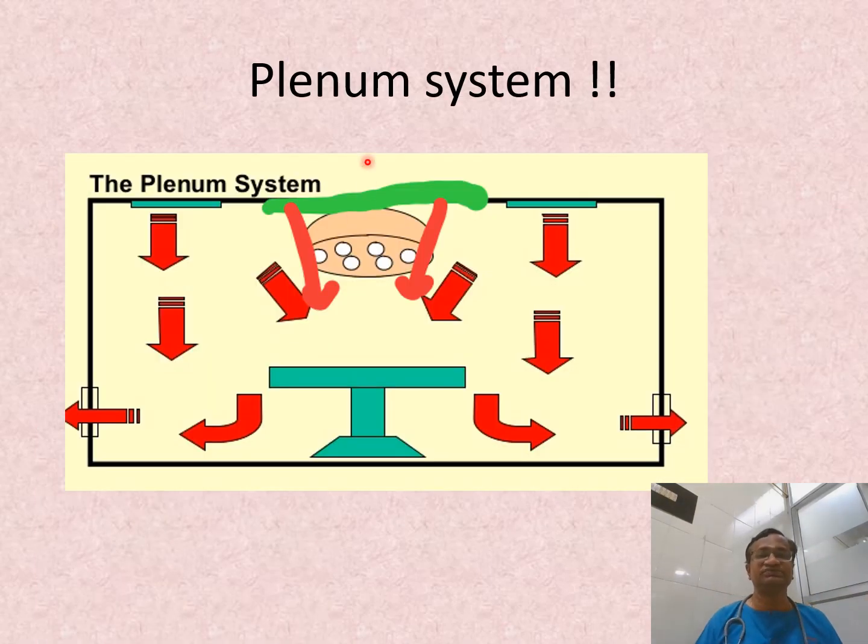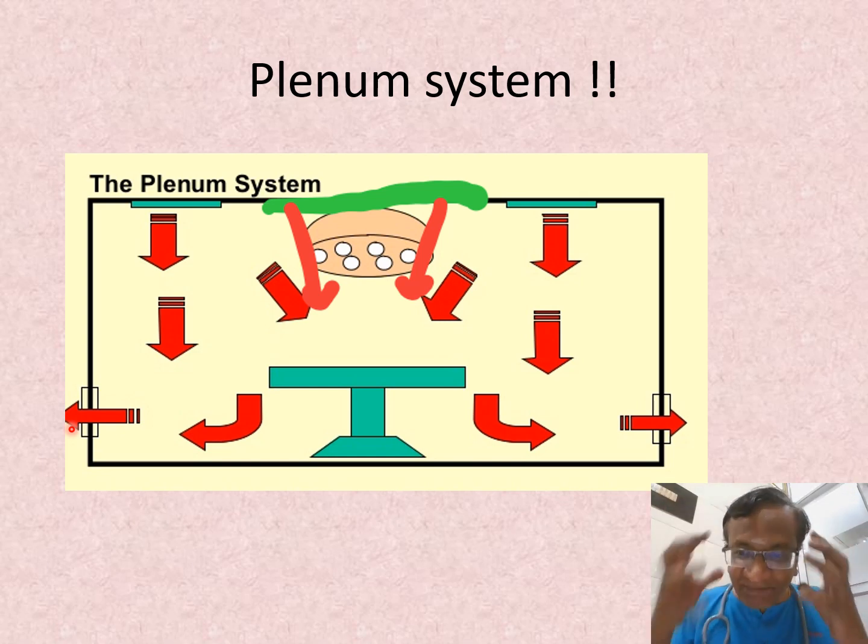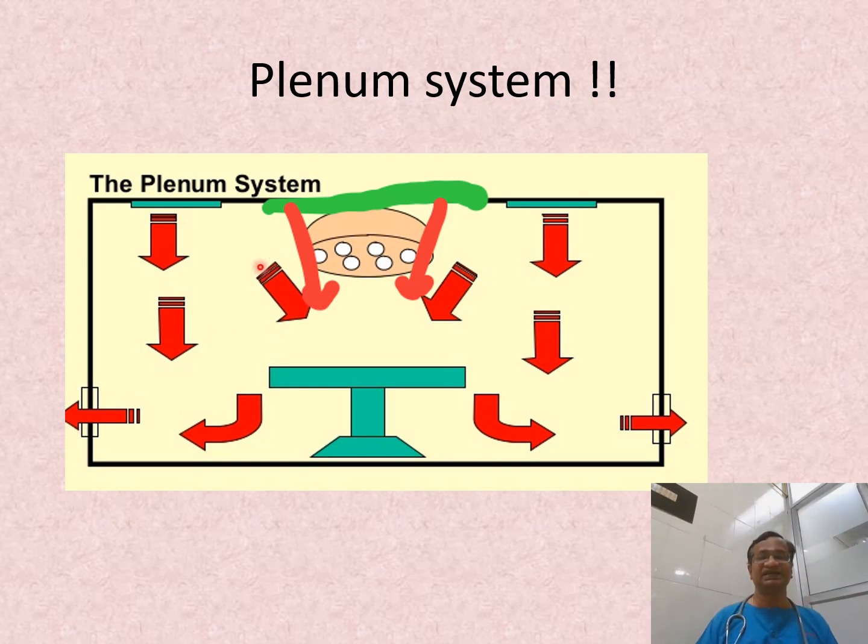This is how air from the HEPA system flows here, and this is what determines the laminar flow. These two things, or sometimes four at the corners, suck in such a way. The ducts are calculatedly placed like that, so it creates a laminar flow.